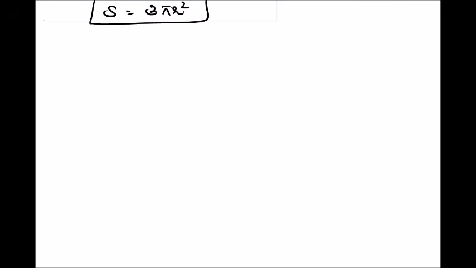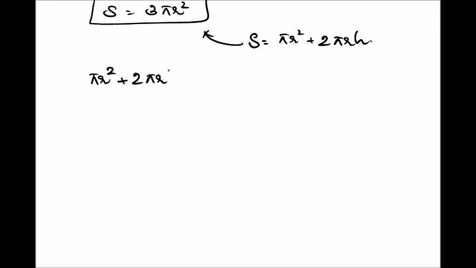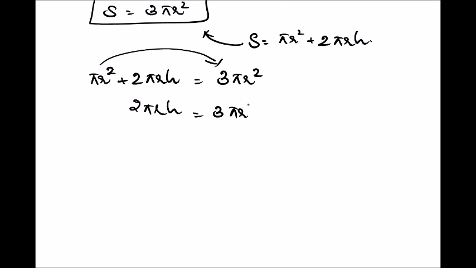Now in the beginning we found S is equal to pi r square plus 2 pi r h. Substitute the value of S here. That is pi r square plus 2 pi r h is equal to 3 pi r square. So moving this to here, 2 pi r h is equal to 3 pi r square minus pi r square.